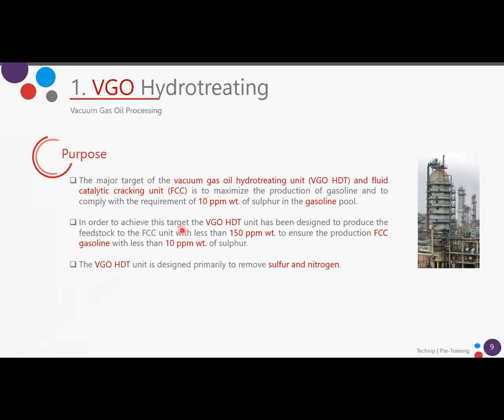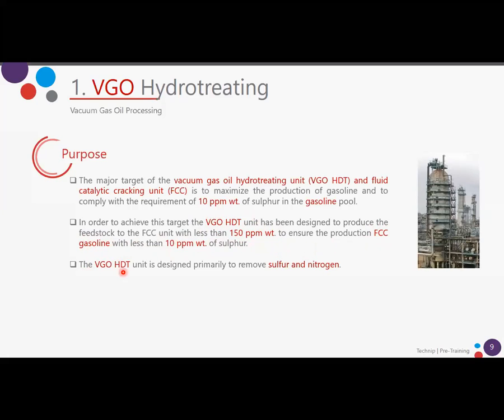In order to achieve this target, the VGO HDT unit has been designed to produce the feedstock to the FCC unit with less than 150 ppm weight of sulfur, to ensure the production of gasoline from the FCC with less than 10 ppm weight of sulfur. So with this quantity of sulfur at the outlet of the unit that we will see today, we have this quantity of sulfur in the gasoline that we will produce in the FCC unit that we will see next week.